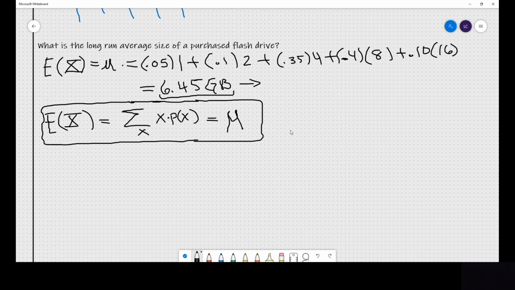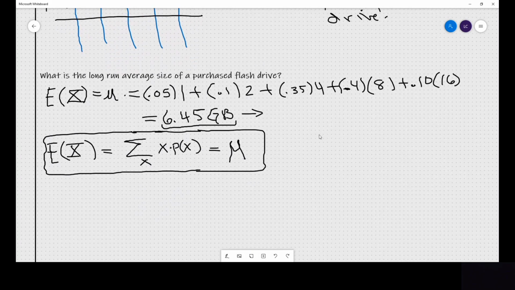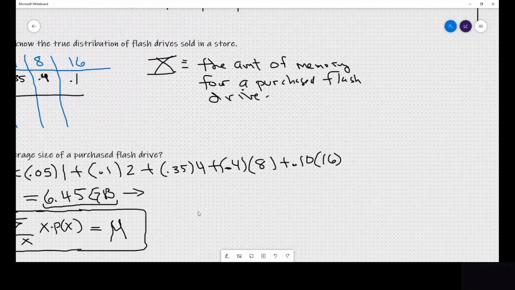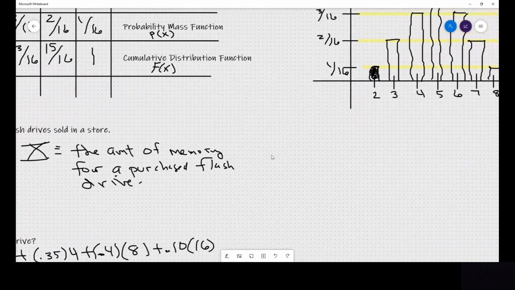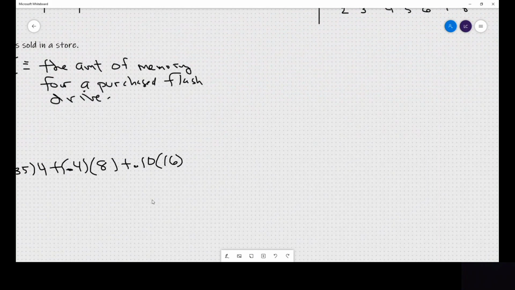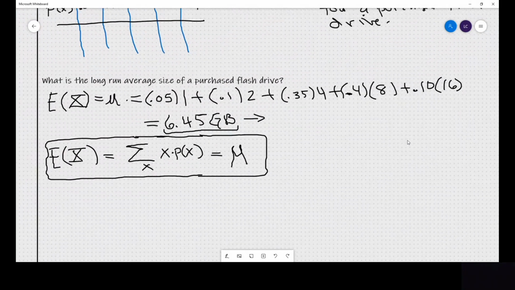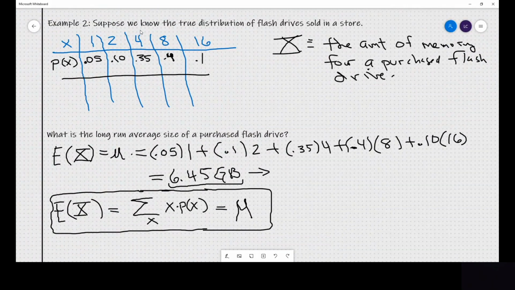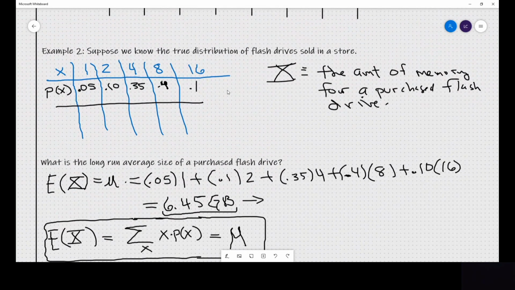All right. Another thing that we're concerned with, it's not just the expected value. Oh, hold on. Let's talk about what the expected value looks like. What you're doing is you're finding the middle of this distribution. What you're trying to do is find the expected value, the middle of the distribution.